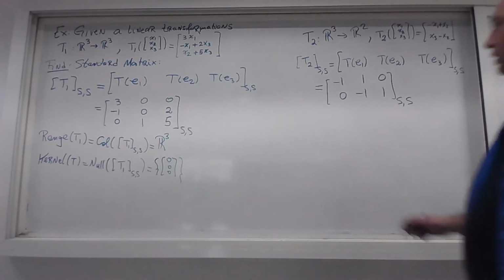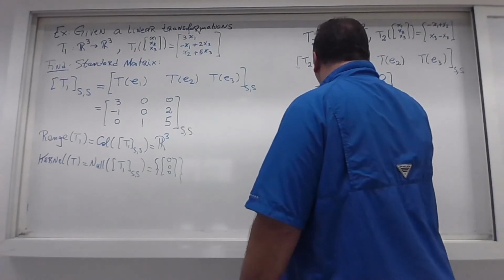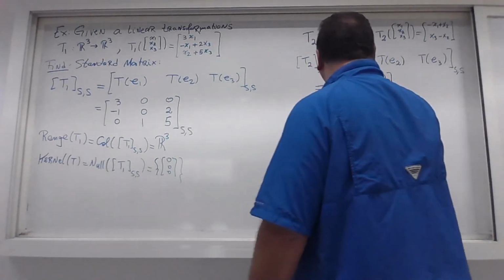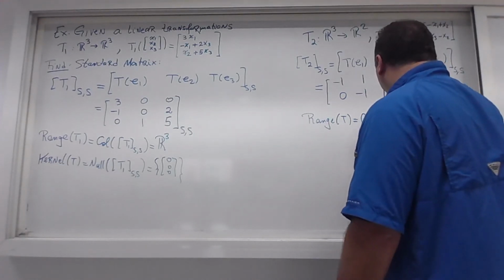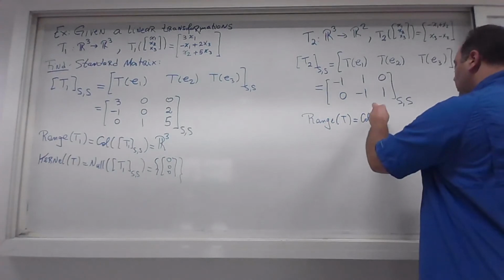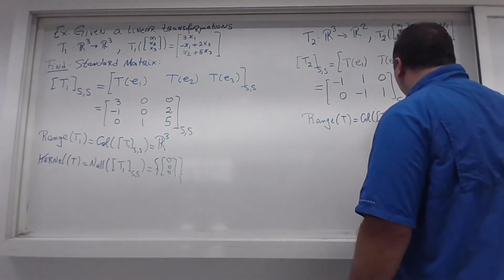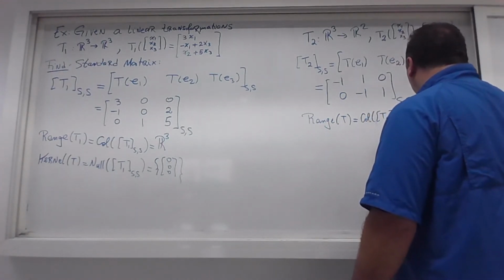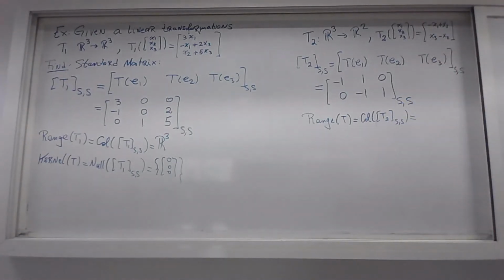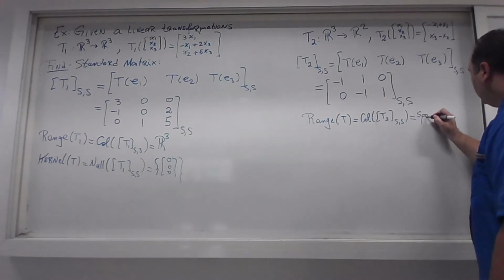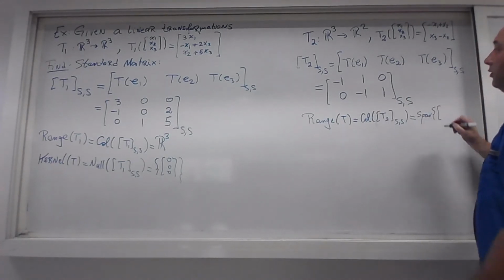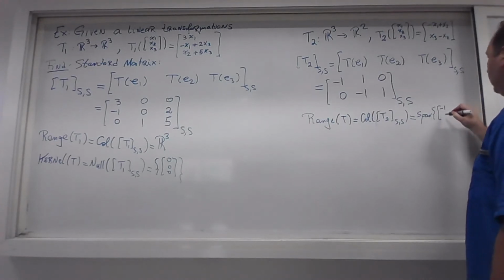So the range, what would be the range? That's the column space of the matrix here, T2 standard. Obviously the two rows are linearly independent, so only two columns are independent. So its span, let's say first column and second column, because they are independent.